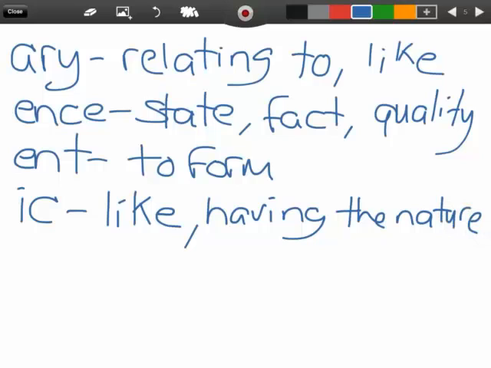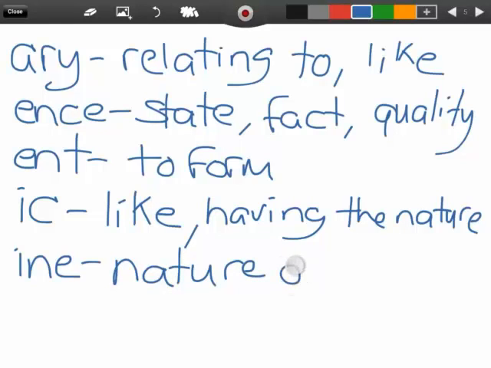Moving on to my next suffix is "ine," and that means nature of, and feminine ending.